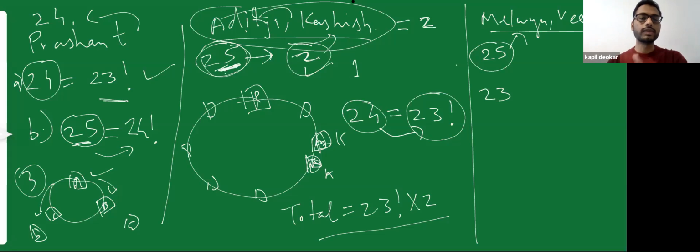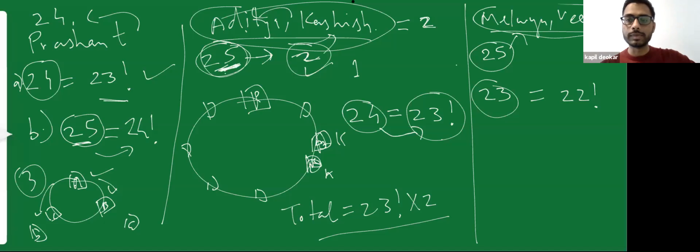Because the rest of the 22 people will be 1 unit each, and the 23rd, 24th and 25th are merged together to form 1 unit. So they will form 23 units in total. And in how many ways can I arrange my 23 units? 23 units can be arranged in 22 factorial ways. Then we go for the arrangement of these three people, Melvin, Veer, and Om.